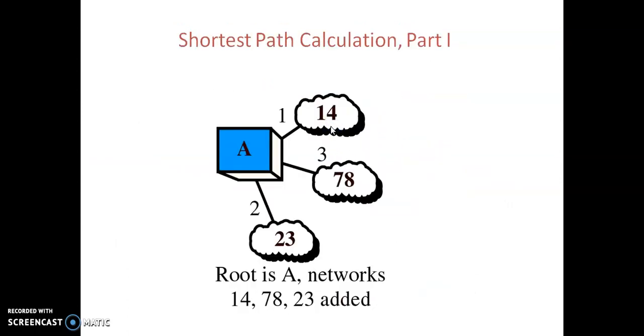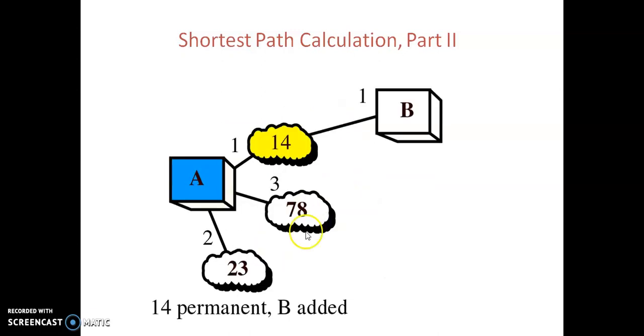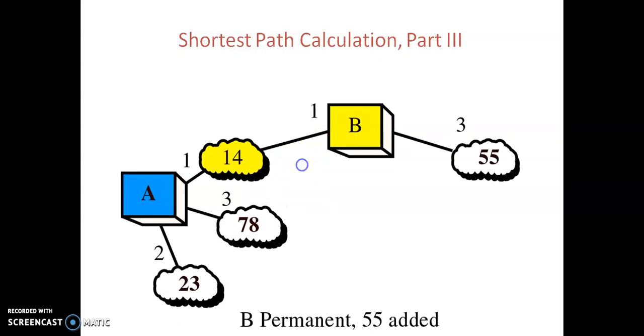Now we'll discuss how the algorithm works. First, consider A as a root node, and keeping A as a root, 14, 78 and 23 are added. Now keep the lowest cost network as the next root node. Keeping 14 as permanent, B is added.